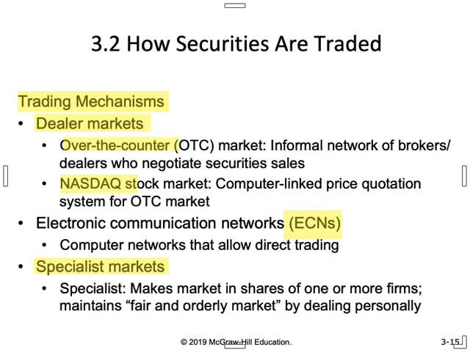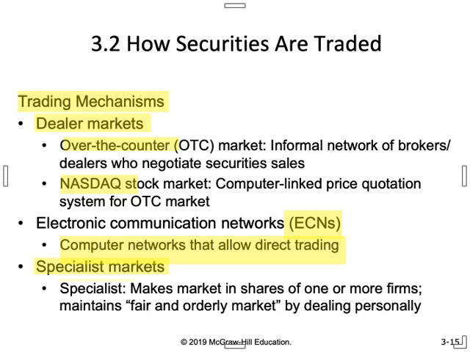And both of these are platforms where brokers and dealers are linked together by computers and post their bid and ask quotes for various securities, different stocks. And then a similar type of platform are ECNs that are also computer networks that allow direct trading between individuals.